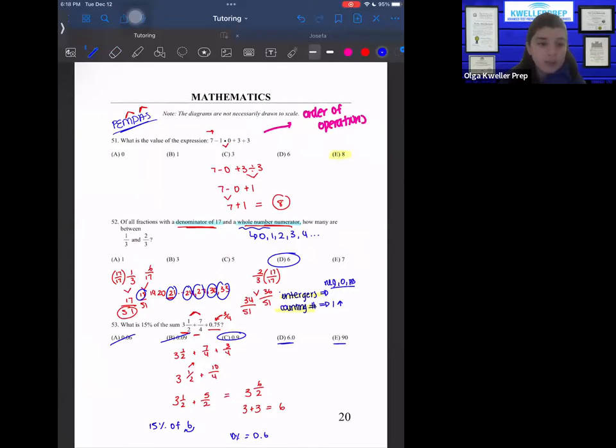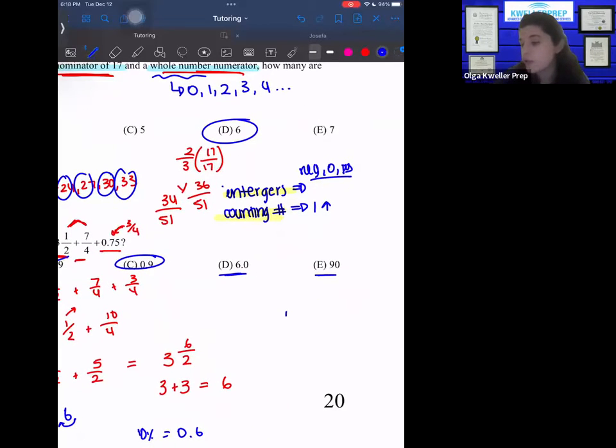So I can prove this answer to you guys by actually multiplying out, by using estimation, or by using percents, like this trick that I showed you where you move the decimal place to the left. If I really wanted to prove it, I could also say 15 out of 100 is X out of 6, and we could cross multiply. So you want to prove the correct answer to yourself multiple times when you're checking your work.